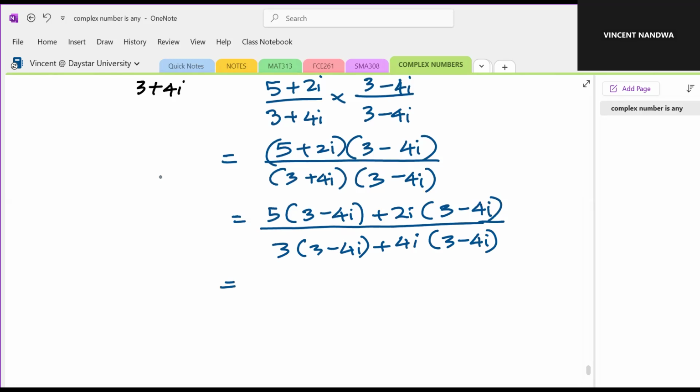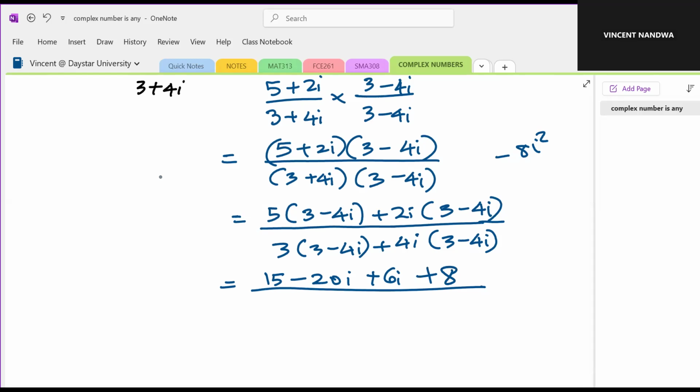And this will give us 3 times 5 is 15. 5 times minus 4 is minus 20i. 2i times 3 is 6i. Plus times minus is minus. i times i is i squared. So we'll have minus 8i squared. i squared is minus 1. So minus 1 times minus 8 is positive 8.